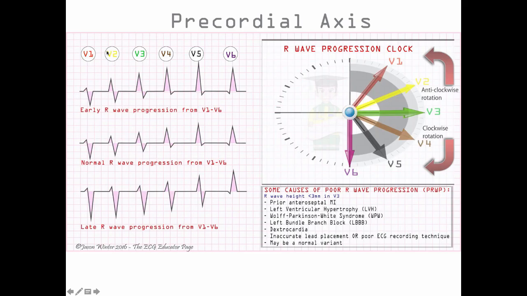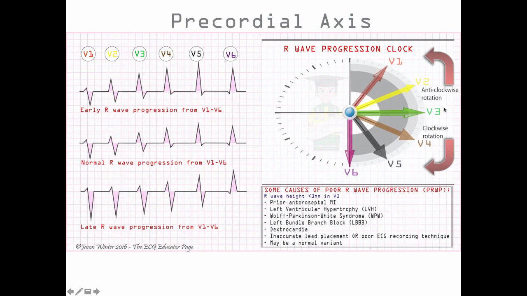That's where it's equiphasic, and then goes positive, right? So we have early R wave progression, and then we can have late R wave progression where it progresses later than V4. So we're negative, negative, negative, mostly negative in V4, transitions in V5, and then positive in V6. That's late R wave progression or delayed R wave progression.